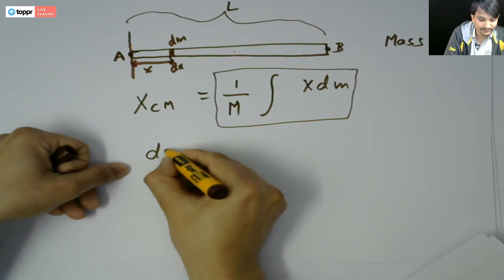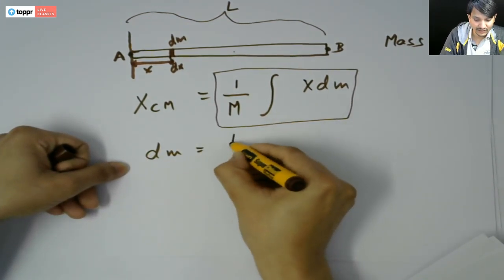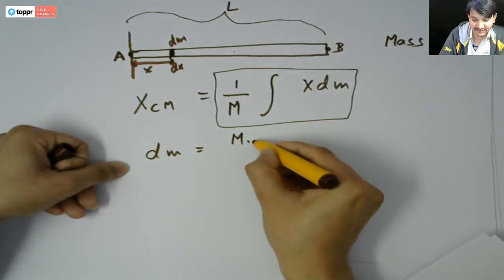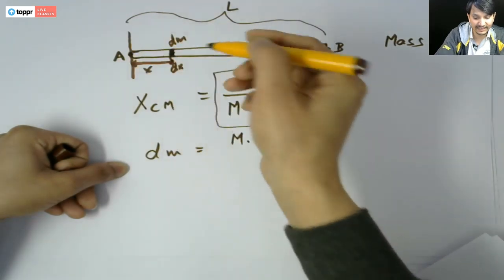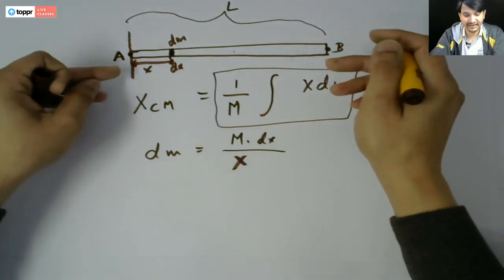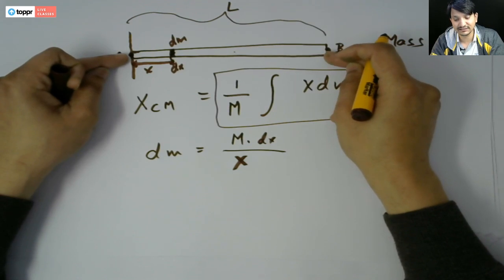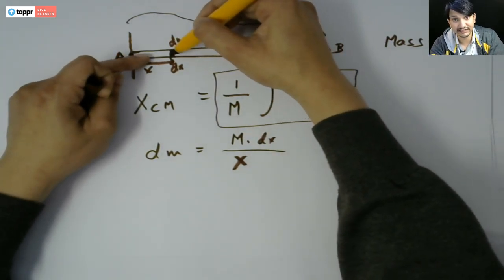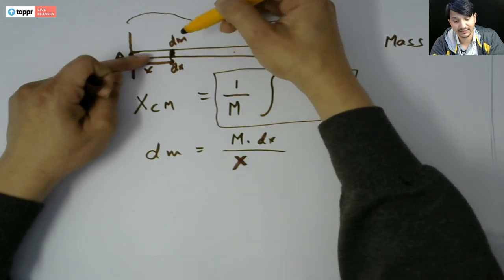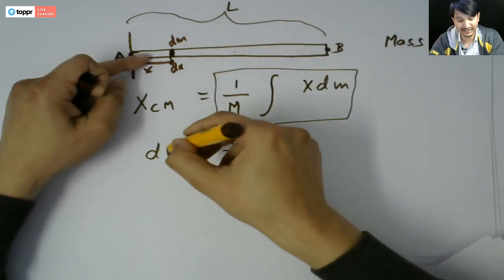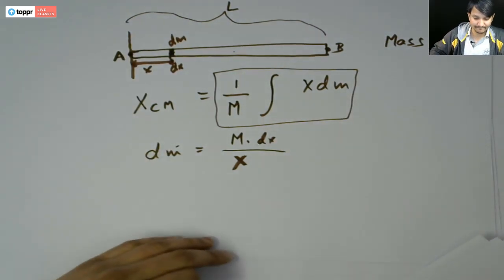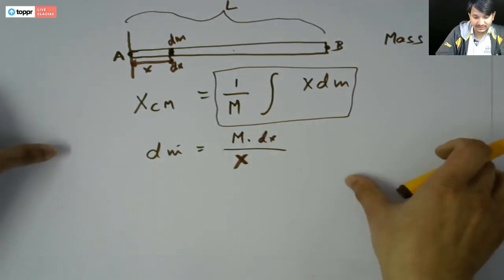So dm would be equal to m times dx, this small length dx, divided by x, because we can say the lengthwise density of mass is m by x. So the total mass concentrated in the length dx is dm equals m into dx by x.